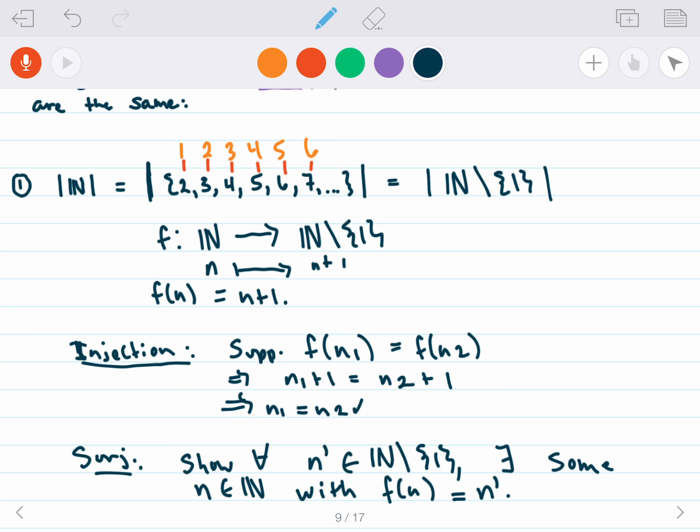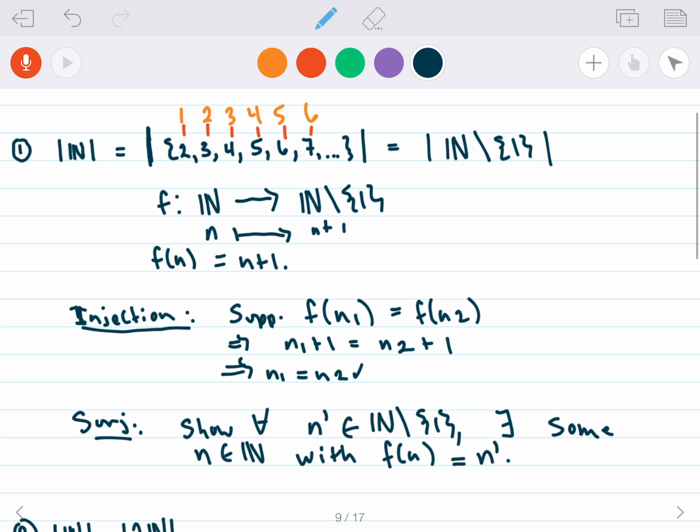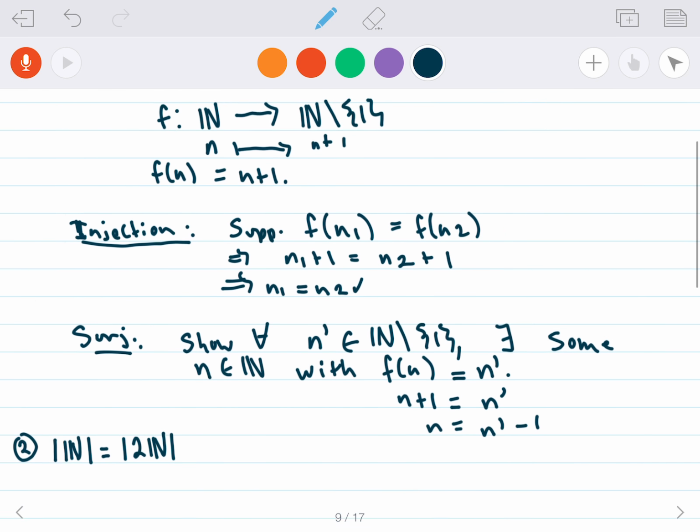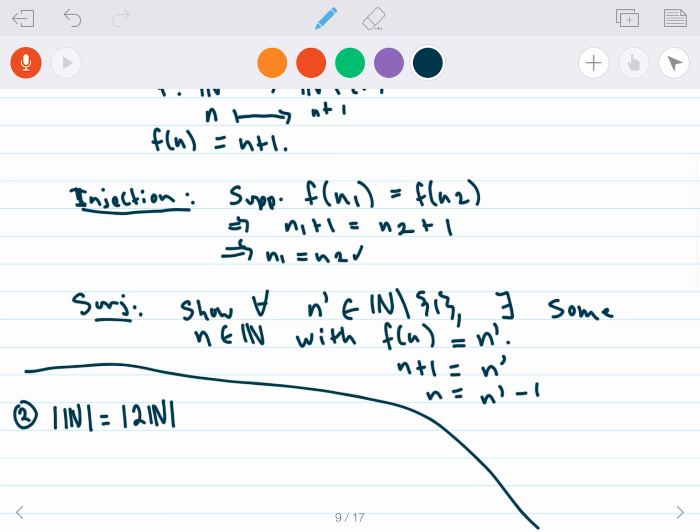The idea here is that f of n is simply n plus 1, and we're trying to solve for n. So we get n equals n prime minus 1. So this is the scratch work. I'm just going to circle this. It's not really part of our proof. So here's our proof.